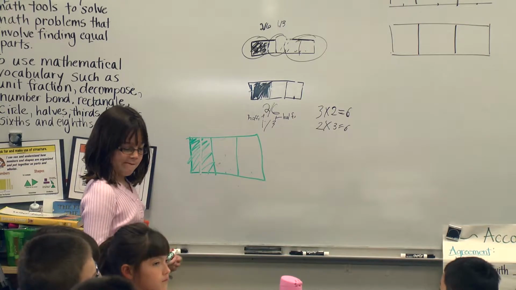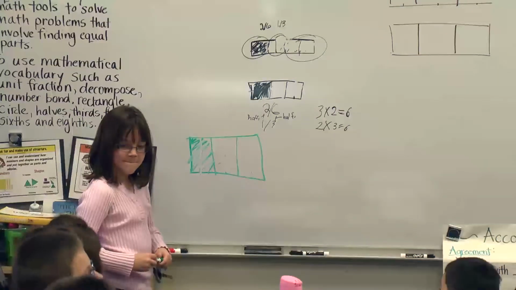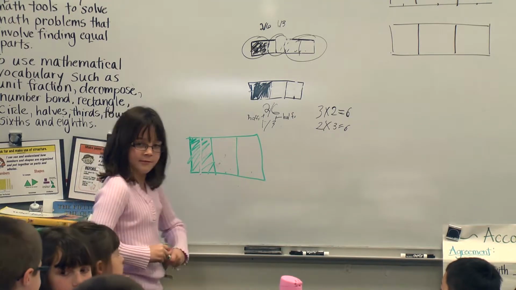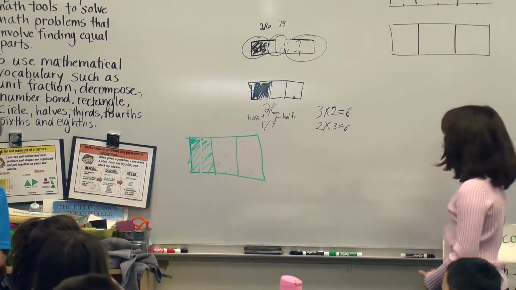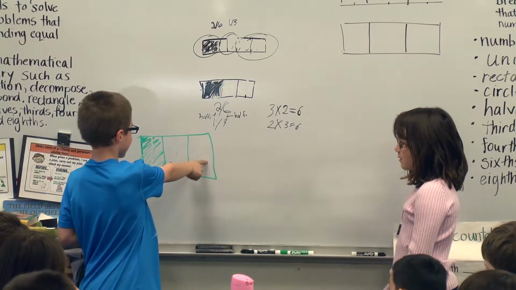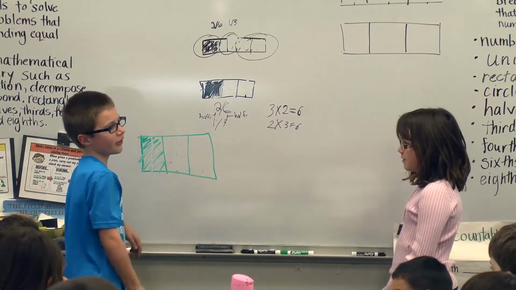So Elliot, what question do you have for Jenna? I think I kind of get it now. Okay, so can you re-explain what she just said? And you can go up to the board if you need to. And Jenna, you stay up there in case he's got a question. So if we do a line here, then it would be 6. And then if you erase that line, then it would be 1/3.